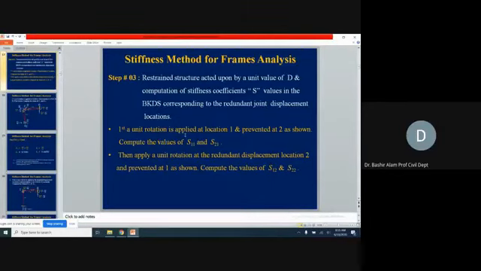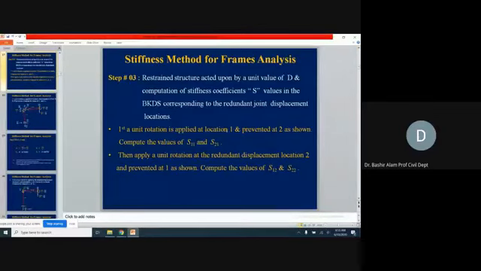In this case, we only have location 2 because it is 2 degrees kinematically indeterminate. And this way we compute the first column of the stiffness matrix, and its elements will be S11 and S21. S at 1 due to 1 and S at 2 due to 1.